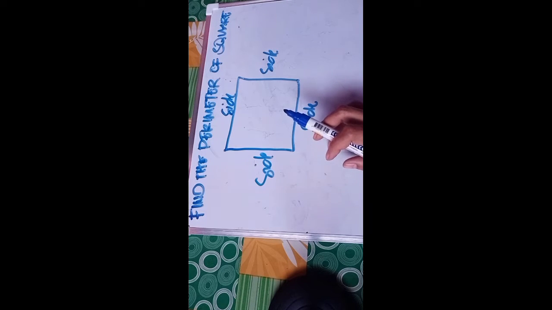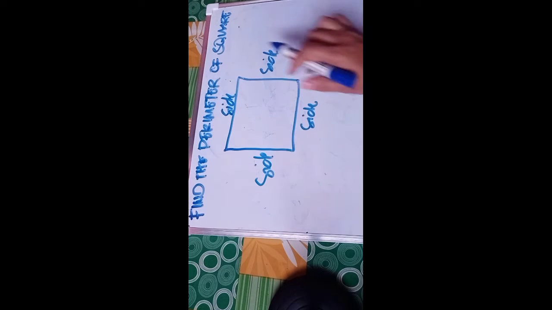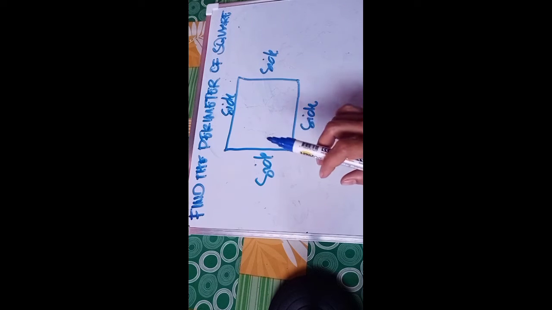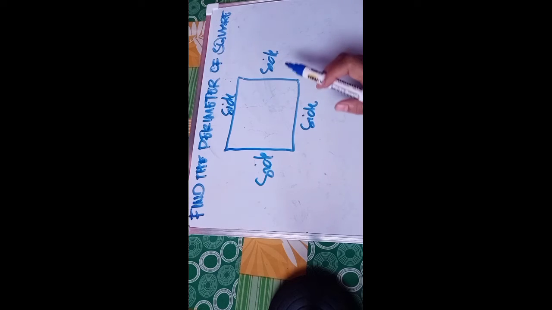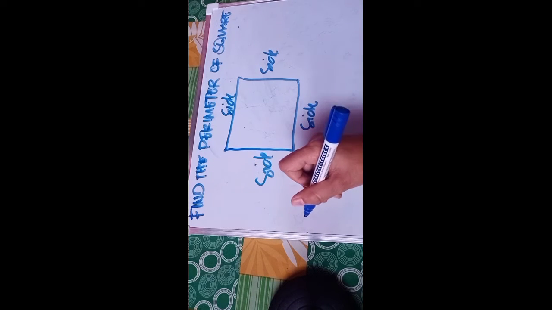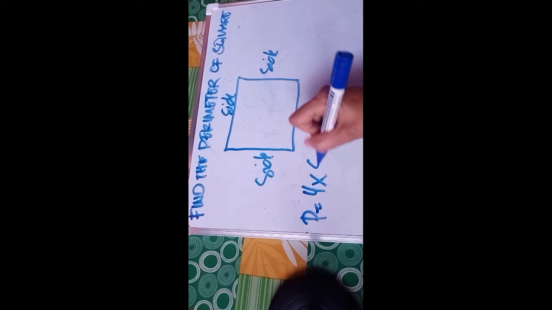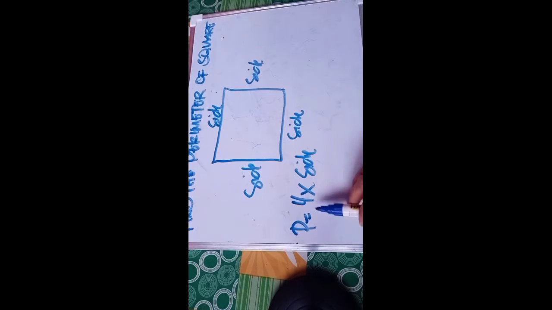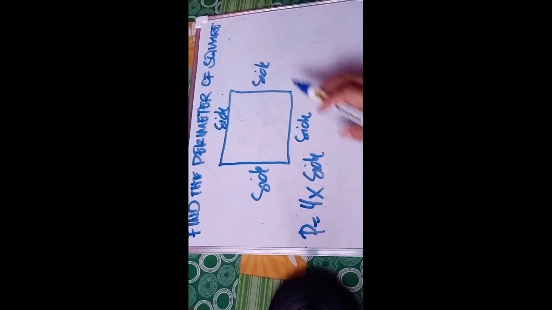For a square, the perimeter can be calculated by finding the sum of all four sides. Since all four sides are equal, it is 4 times the length of each side. So that is our formula: perimeter of a square equals 4 times side. All four sides are equal.